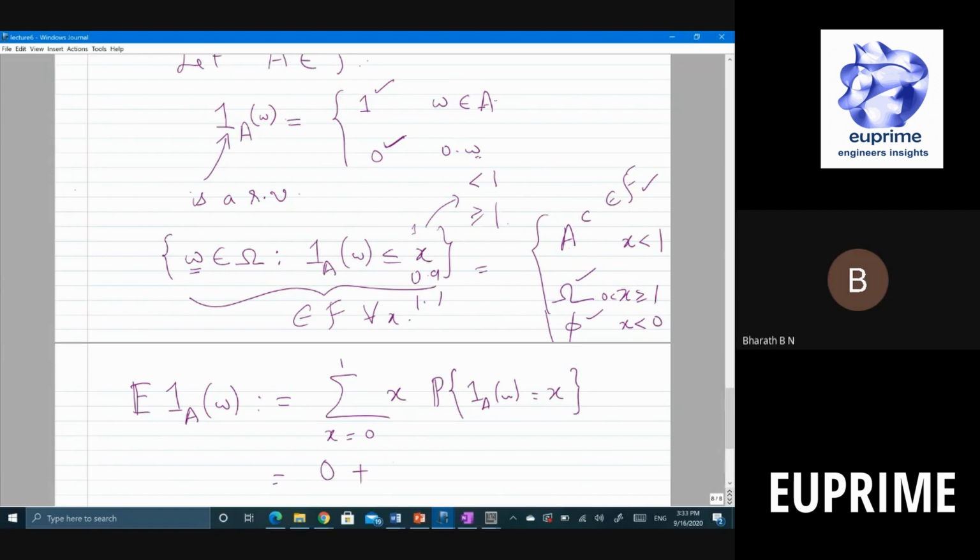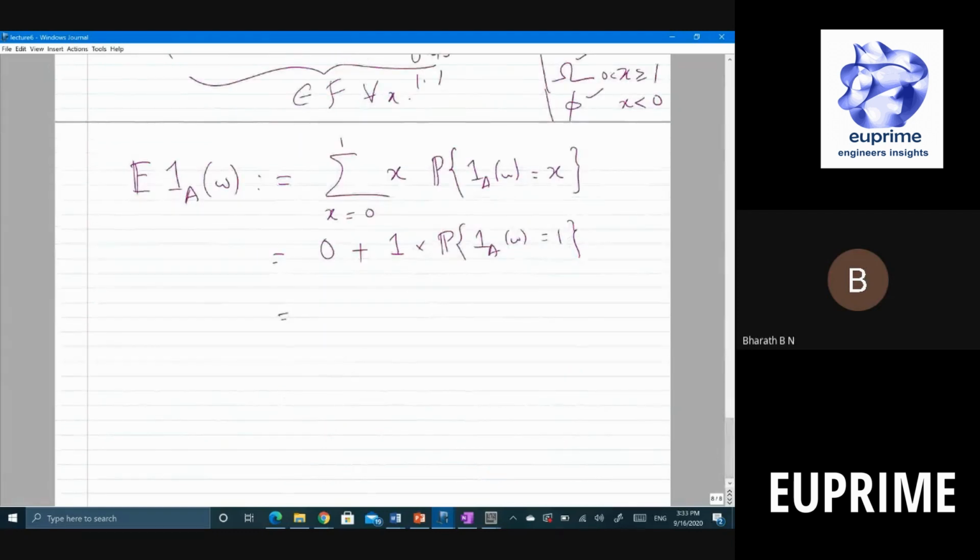Whenever x equal to 1, this is 1 times probability of indicator of omega equal to 1. So what is that? When will this be 1? Whenever omega belongs to A. This is by definition nothing but probability of A.